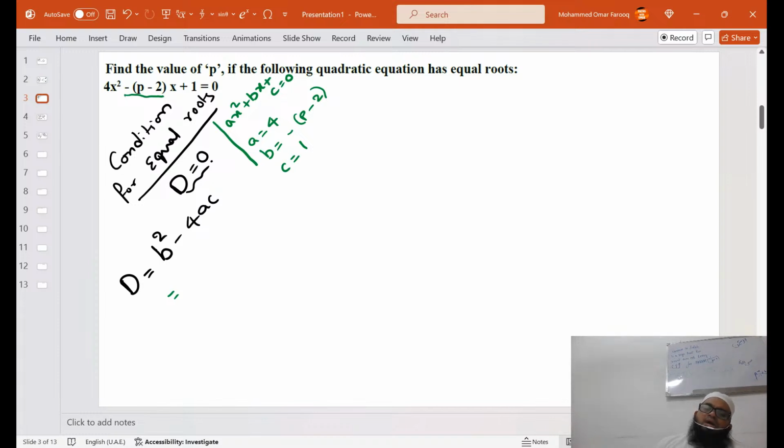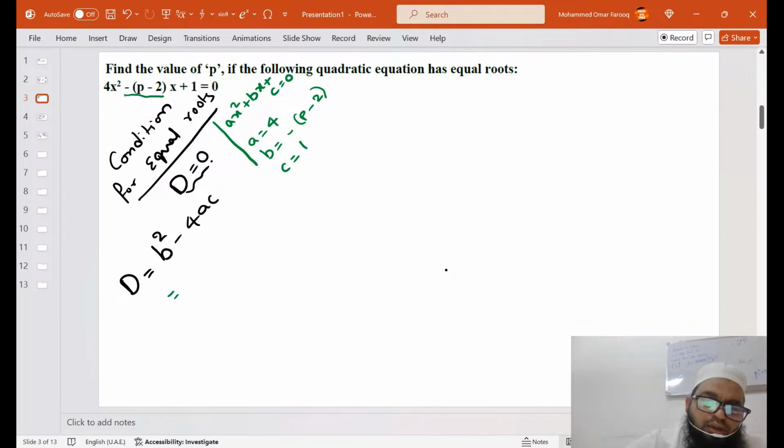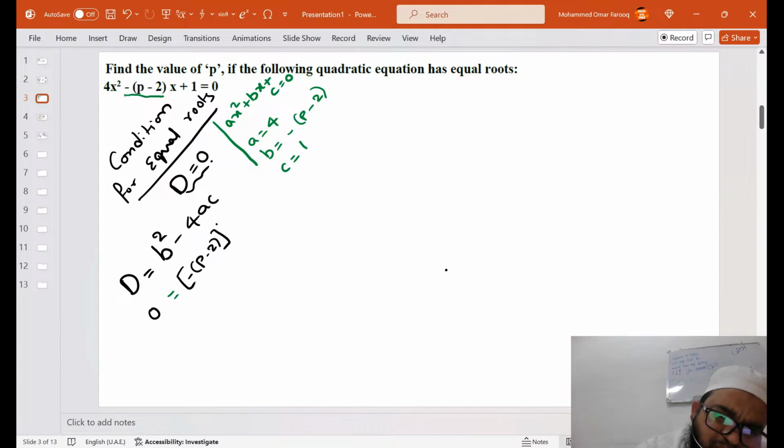And we have been told that condition for equal roots is discriminant should be equal to 0. So let us equate it to 0. And what is b square? Minus of p minus 2 whole square minus 4 multiplied by 4 multiplied by 1. Is it right? Here square of minus is plus, so p minus 2 whole square.